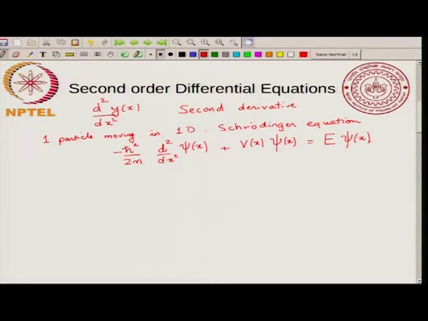This is the time independent Schrodinger equation, which gives you the stationary states where energy is fixed.